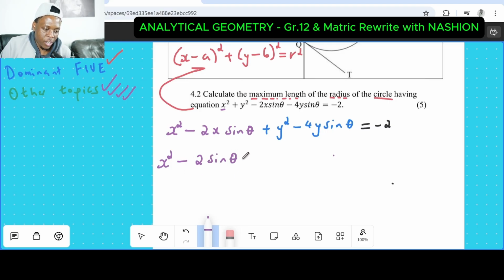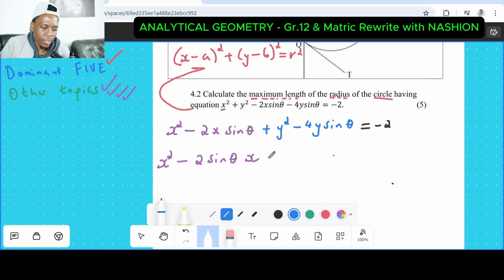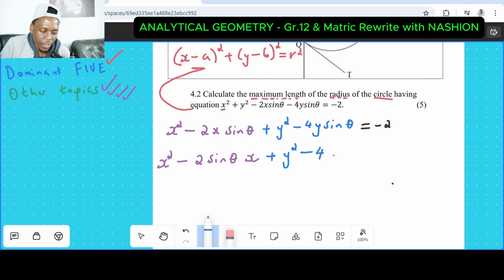So this is the coefficient of what? x. Then the coefficient of y. So we have y squared here minus, let's start with negative 4, then sine theta. So negative 4 sine theta, that's the coefficient of y, is negative 2.